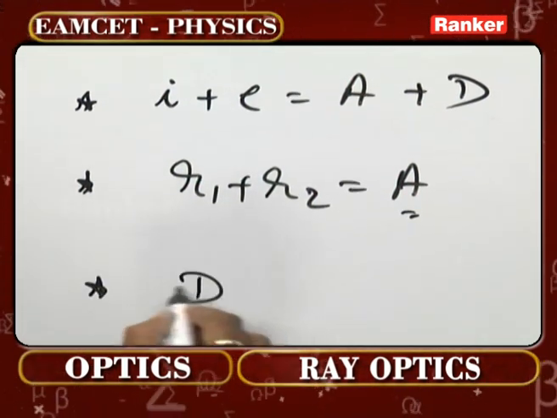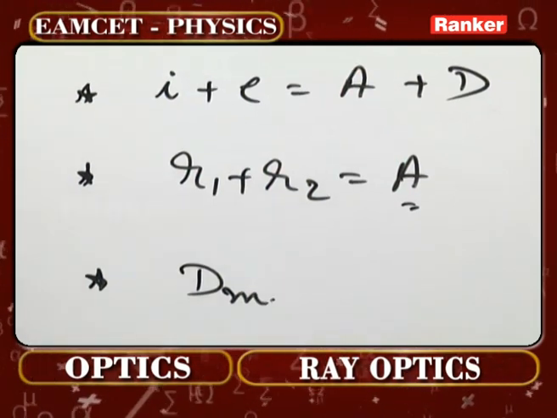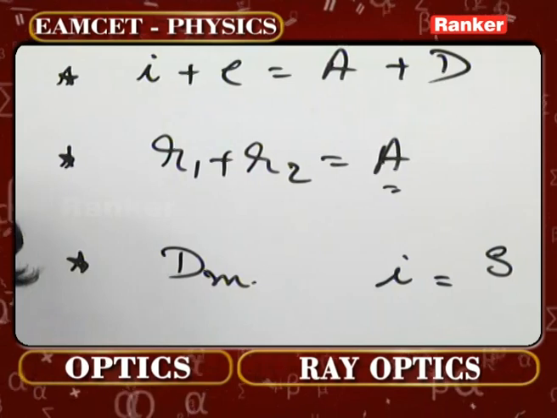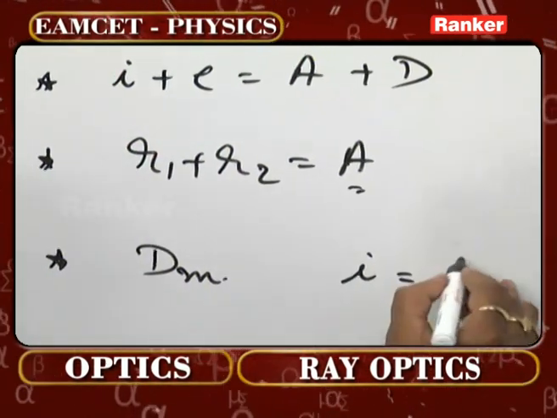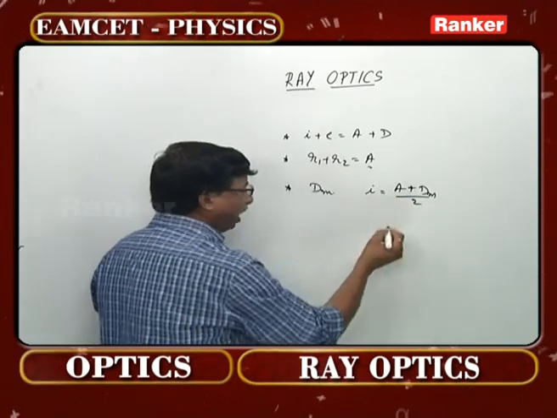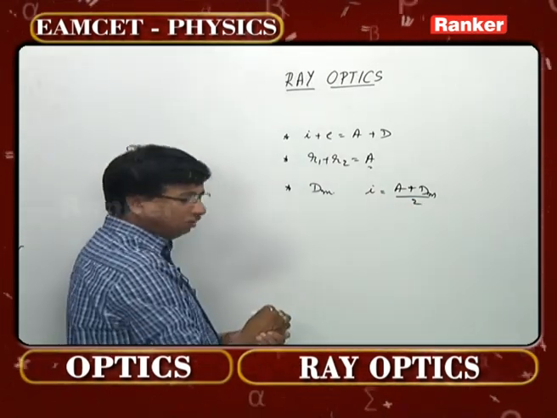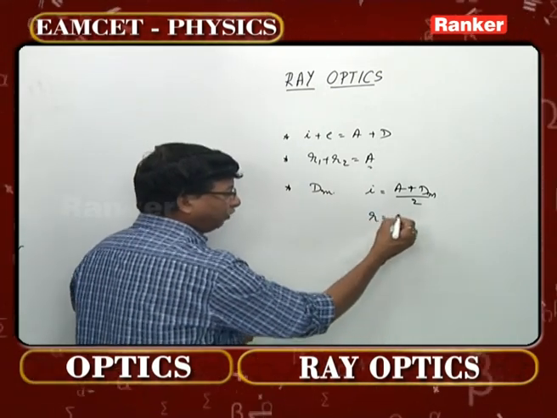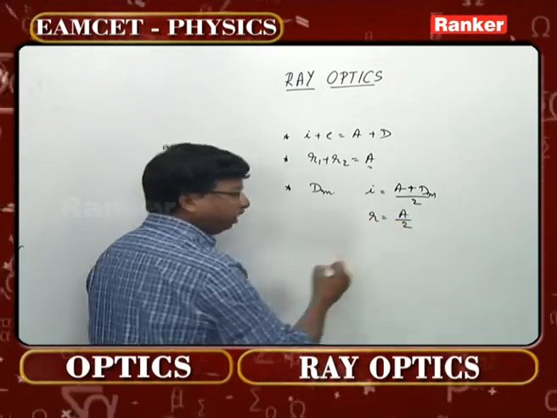Of course we know very well, at minimum deviation position we can write the angle of incidence will be directly (A + Dm)/2. That you people can all understand directly, angle of the prism plus angle of minimum deviation by 2. Likewise, the angle of refraction is going to be A/2.